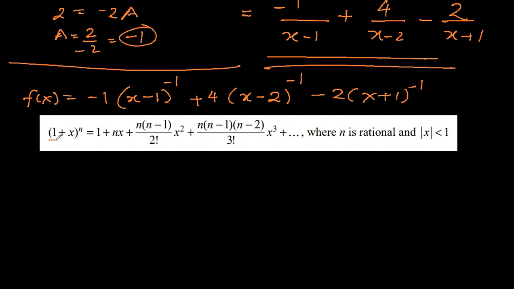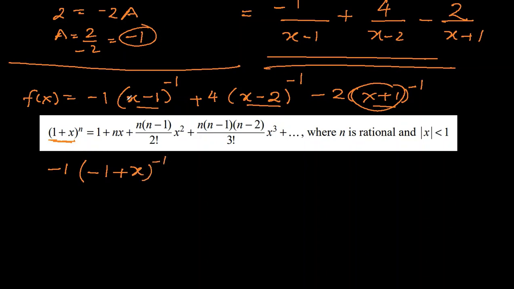If we compare (1 + x) with them, they are not exactly what we want, except for this. This is okay. 1 + x and x + 1 is the same thing. So let's rearrange them to get it in the format we want. So -1(x - 1), I will write that as -(-1 + x)^(-1).